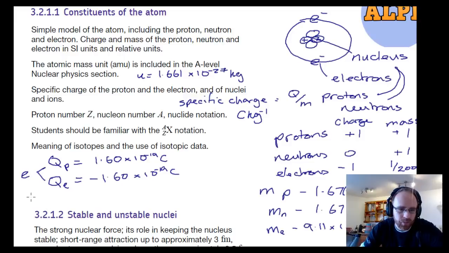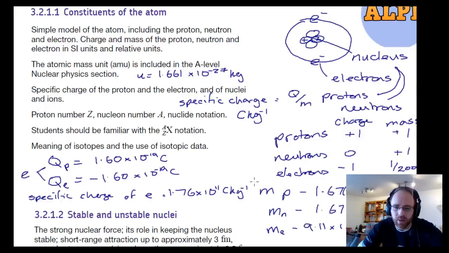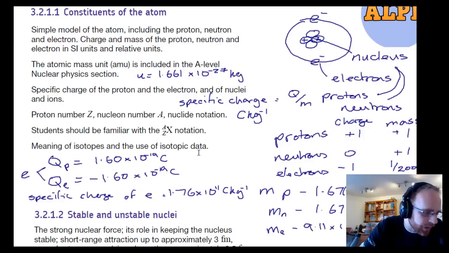So if we go down here, say the specific charge of an electron is, I can't remember, 1.76 times 10 to the 11 coulombs per kilogram. I'll just double check that. 1.76 times 10 to the power 11.